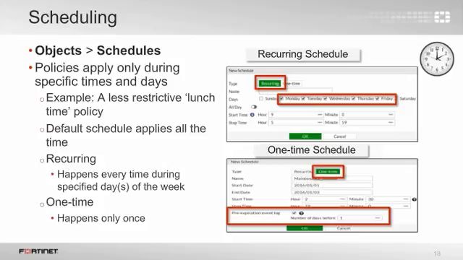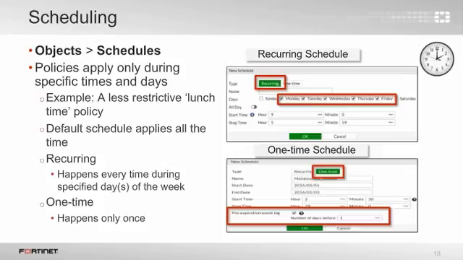Recurring. When configuring recurring schedules, if the stop time is set earlier than the start time, the stop time will occur the next day. For example, if you select Sunday as the day, 10 o'clock as the start time, and 9 o'clock as the stop time, the schedule will stop on Monday at 9 o'clock.